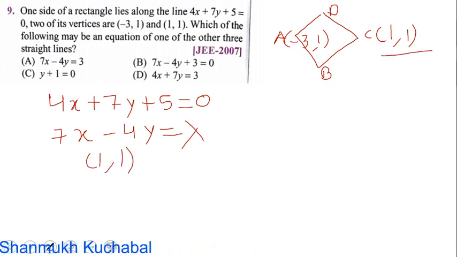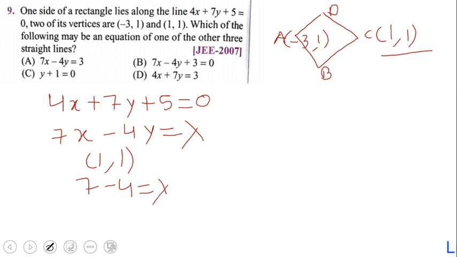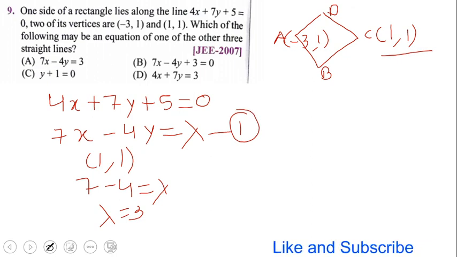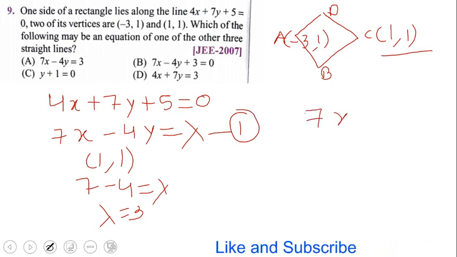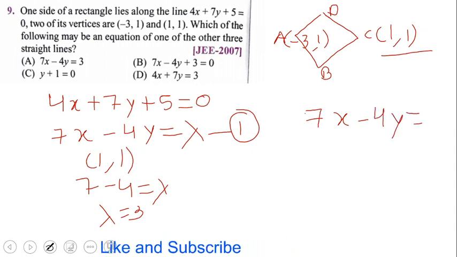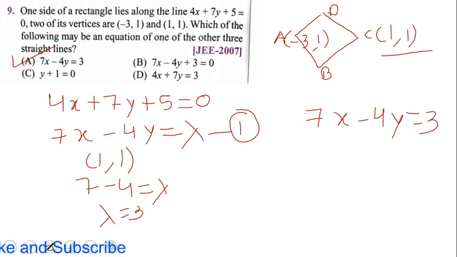So I take x as 1, y as 1. We get 7 minus 4 equal to lambda, so lambda equal to 3. The lambda value we substitute in equation number 1. We get 7x minus 4y equal to 3 here. Therefore option A is the right answer here.